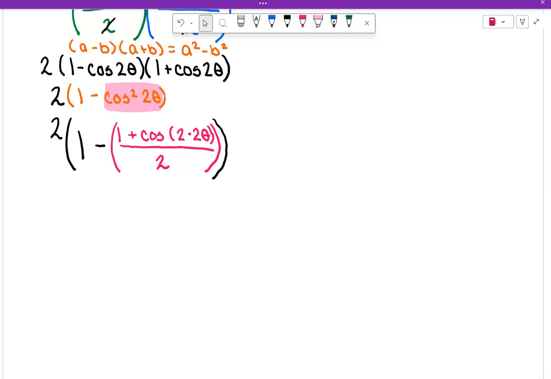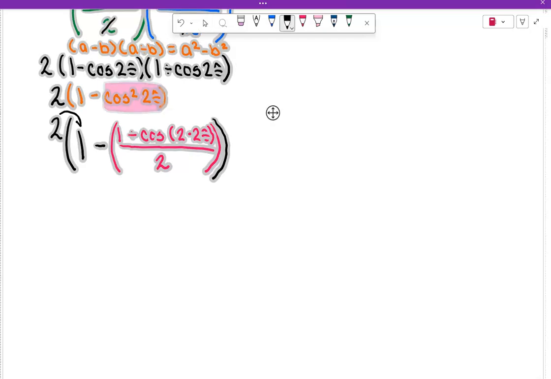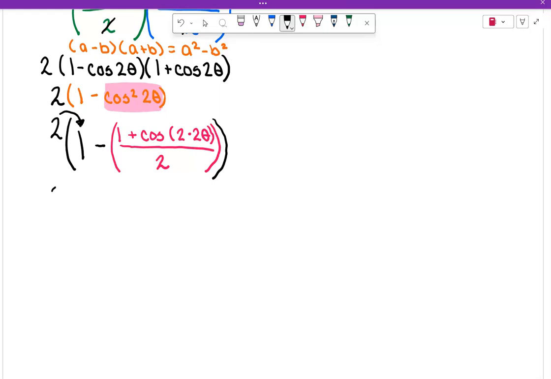Okay. You can look at this a couple different ways, but let's just go ahead and distribute. So this is going to be a 2. And then minus, well, when I distribute the 2 to here, it's going to cancel with this 2. So we're just going to have minus 1 plus cosine of 4 theta.